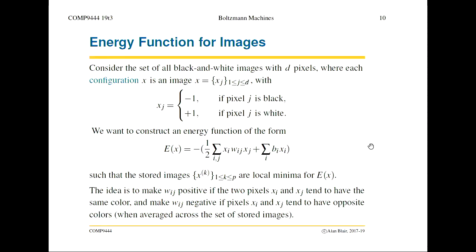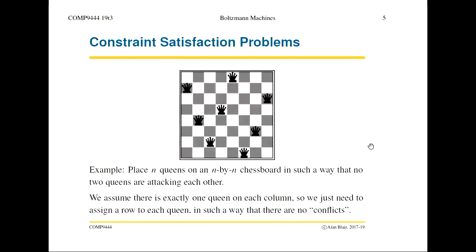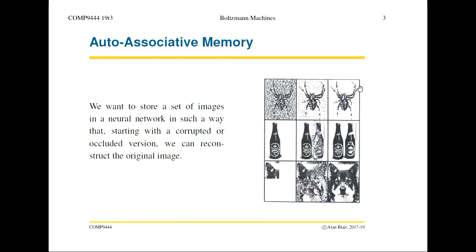So if the pixel is black in that particular image, xj would be -1, and if it's white, it will be +1, right? So in these images, the black parts are -1 and the white parts are +1.